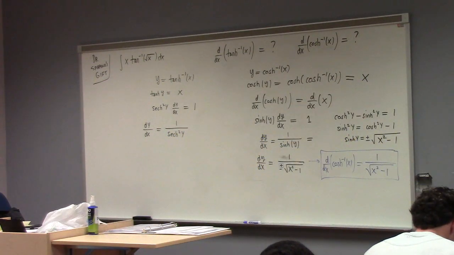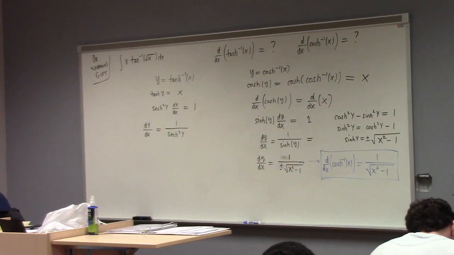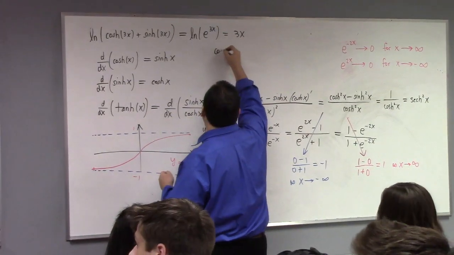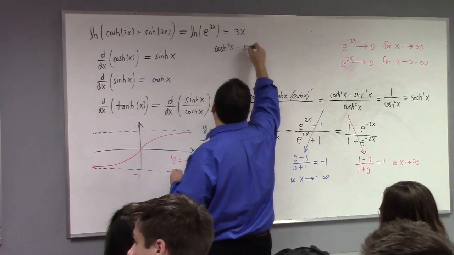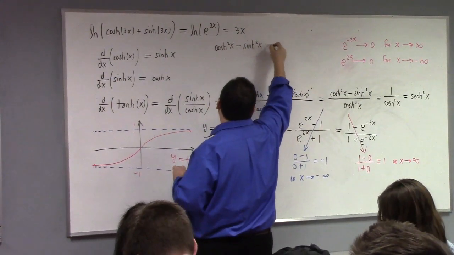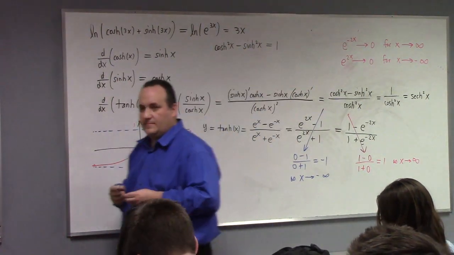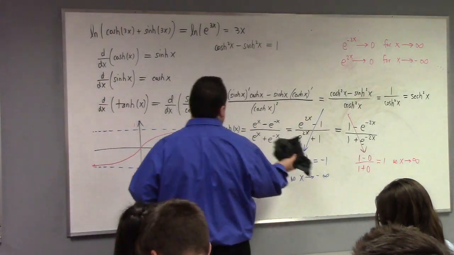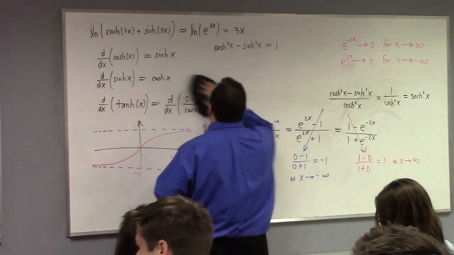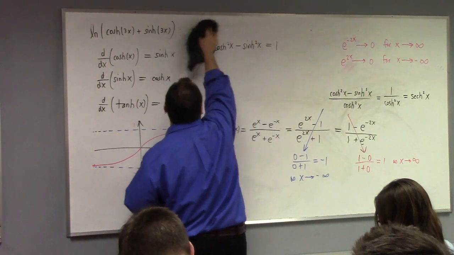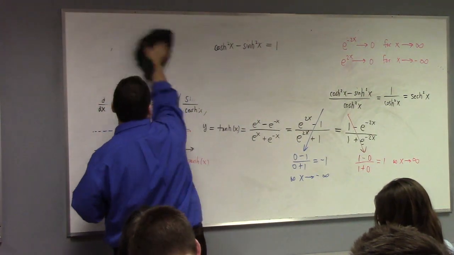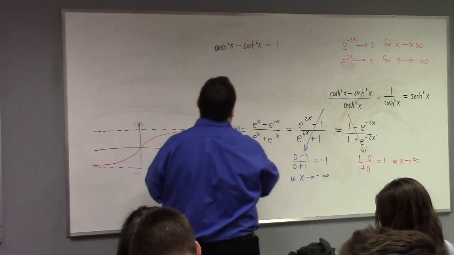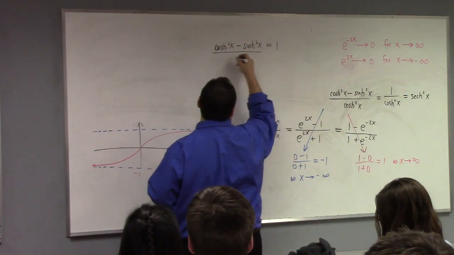I'll put it over here since you guys are over here. So we have cosh squared minus sinh squared x equals 1. What happens if you take that identity and divide by cosh squared?